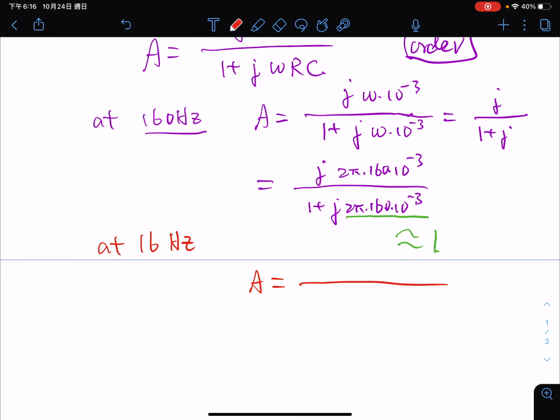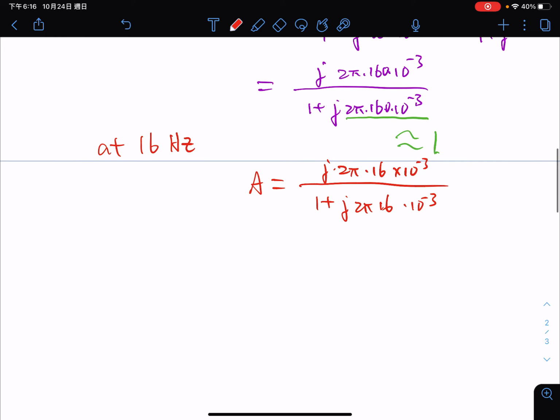What about 16 hertz? For 16 hertz, this will be equal to J 2 pi multiplied by 16 multiplied by 10 to the minus 3, over 1 plus J 2 pi 16 10 to the minus 3.